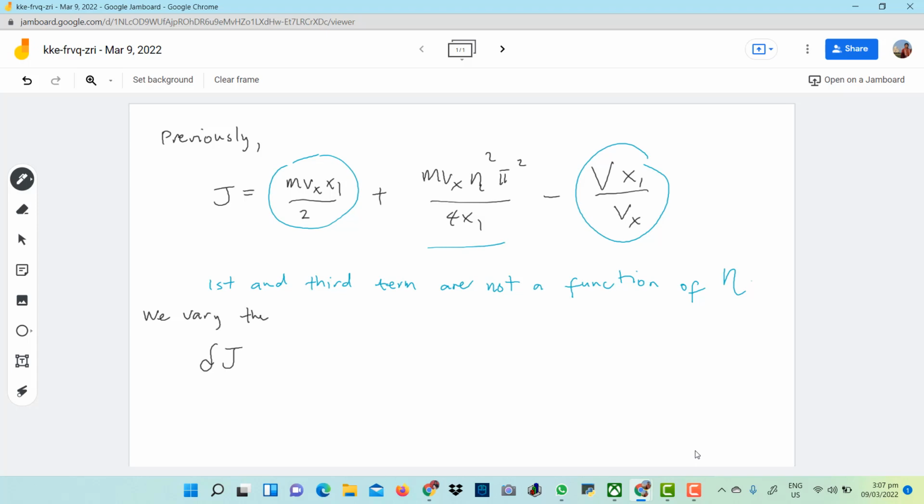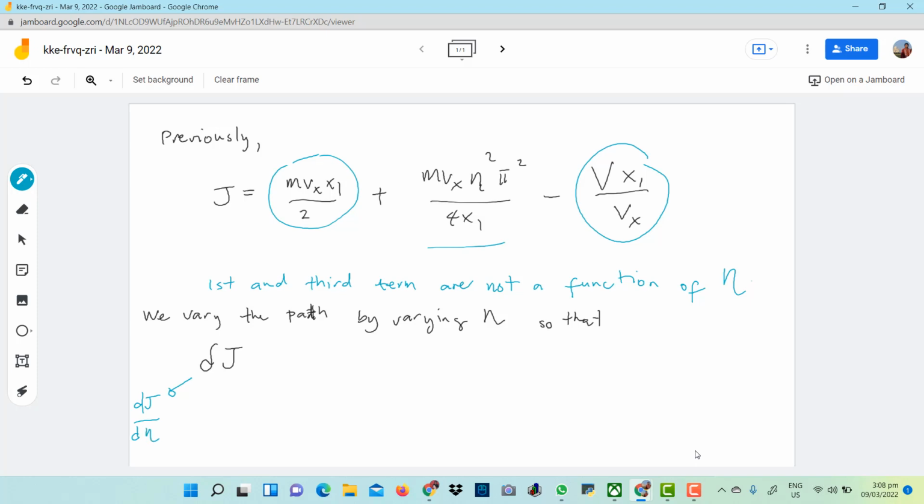To vary means you derive the function J with respect to eta. We will vary the path by varying the eta, so that you will get the change in J. The change in J is a derivative with respect to eta.